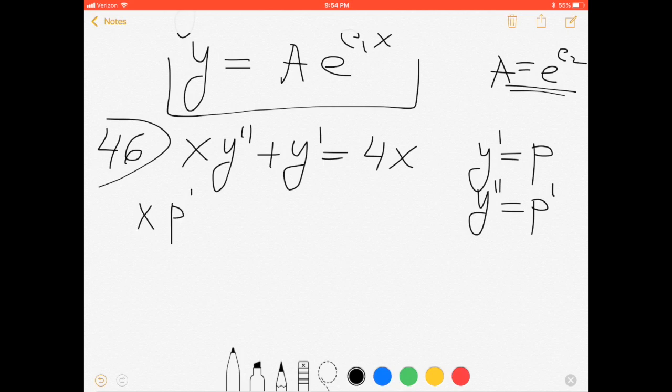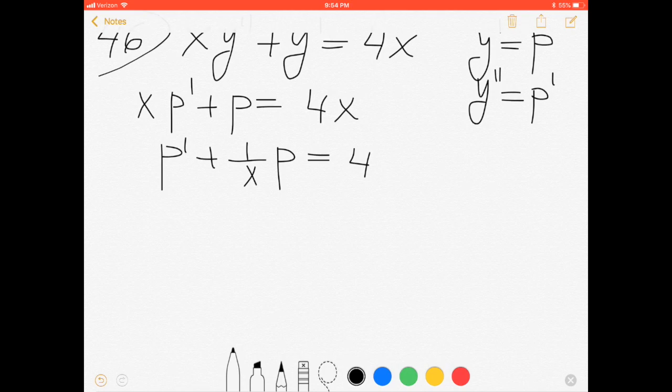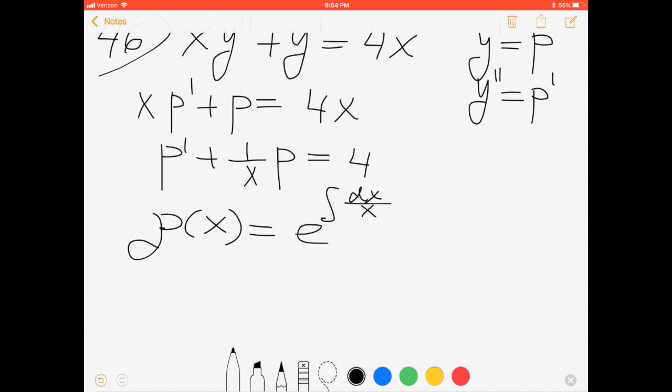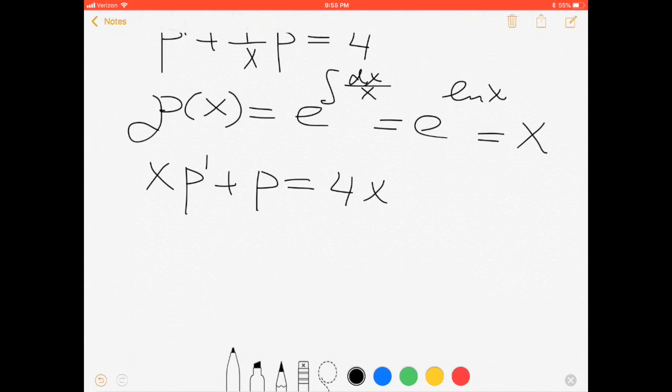Okay, we have x p prime plus p equal 4x, then p prime plus 1 over x p equal 4. Linear equation, rho will be e to the exponent of the integral dx over x, e to the ln x. This means x. This means we have exactly x p prime plus p equal 4x.